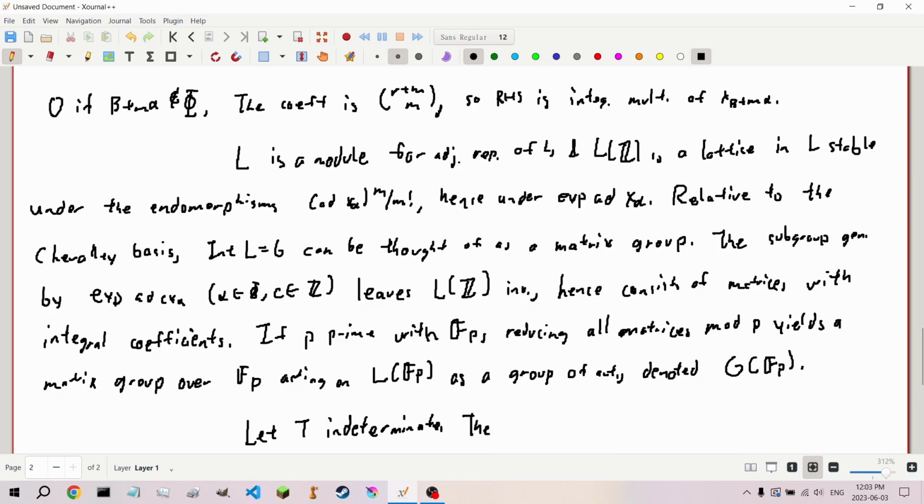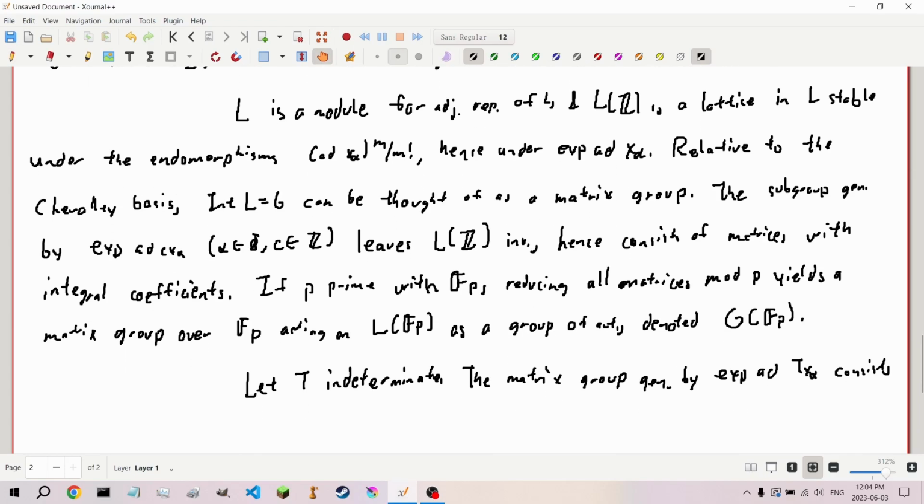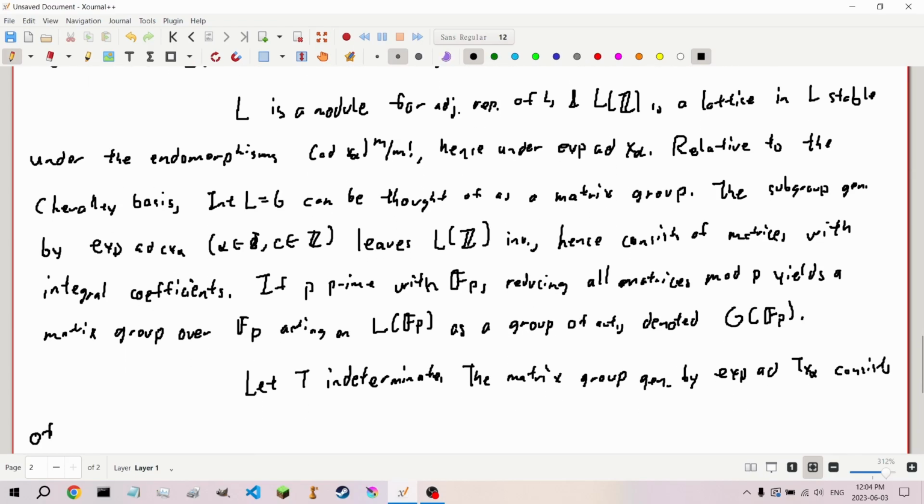Then the matrix group generated by all exponentials of the adjoints of Tx alpha, for alpha being a root, of course, consists of matrices with coefficients in Z[T], and both in this case and in a previous case they have determinant 1.